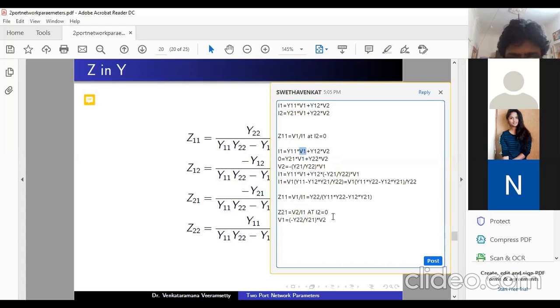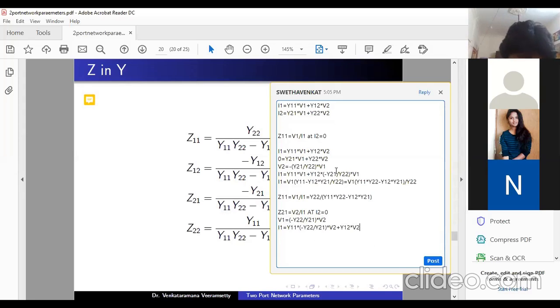So what happened? I1 equal to y11 multiplied with V1, and V1 equal to this expression. I am just replacing the V1 value here. So I1 equal to y11 into V1 plus y12 into V2.